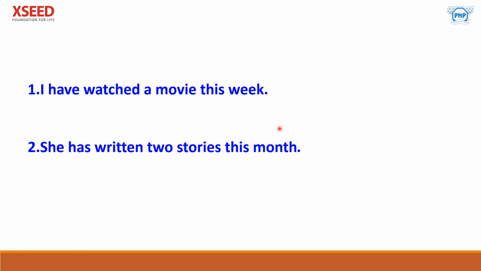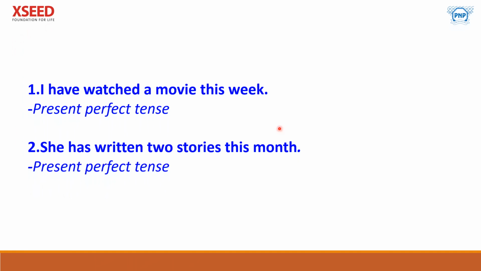These sentences are written in the present perfect tense. You can see here that this week and this month are time expressions that convey when the actions took place. Since these time periods are not yet finished, we use the present perfect.